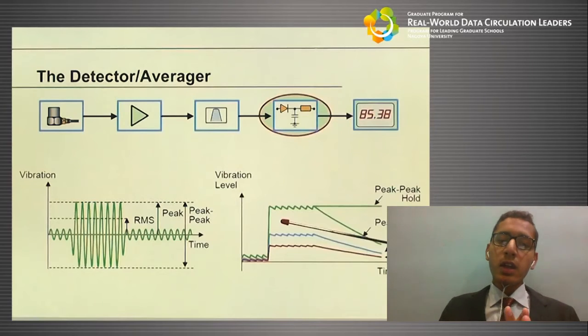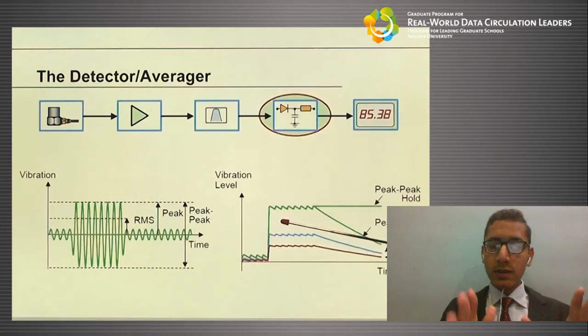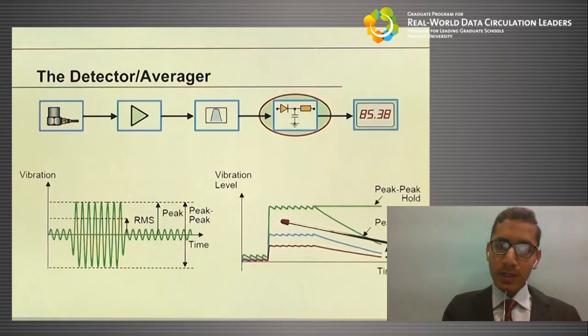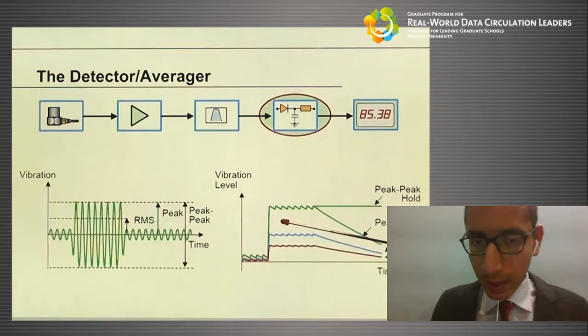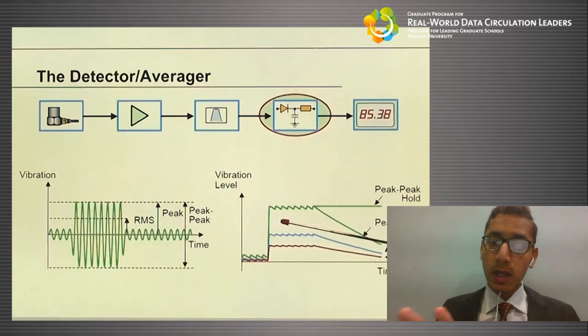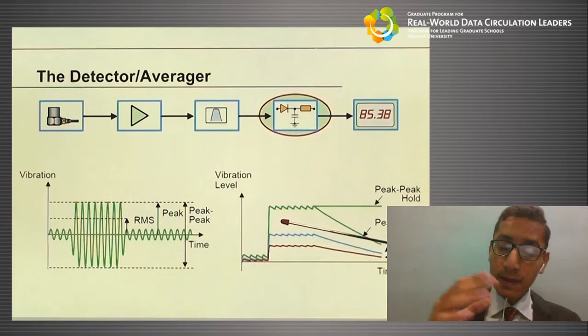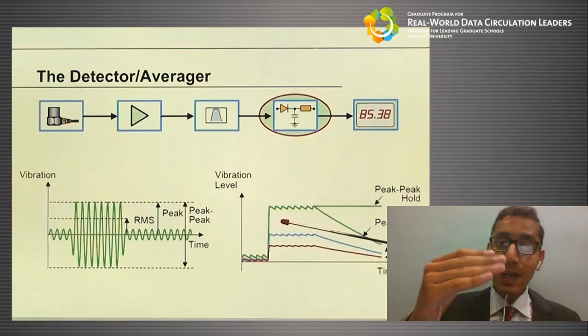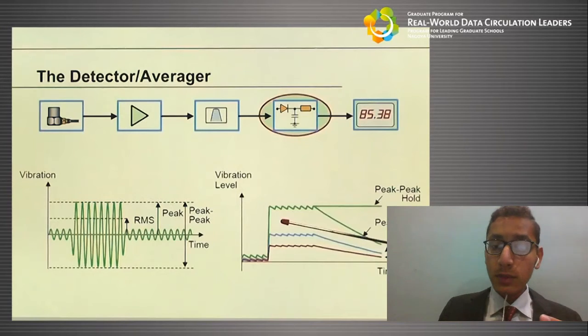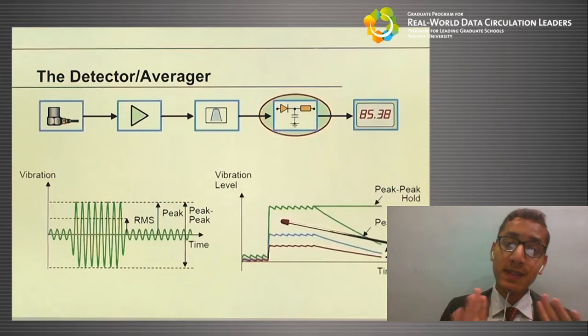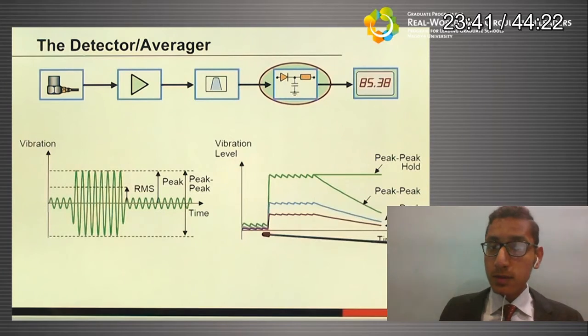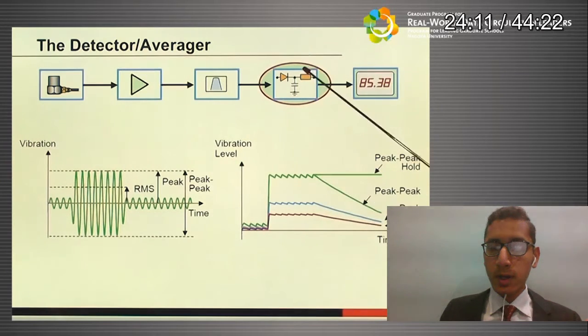So by using an averager, we convert this single vibration time curve into three different curves. Now there might be noise, there might be our required sound, and all of this has been converted into three different signals. Then we have peak-to-peak hold value, peak-to-peak, peak and RMS value as compared to the first one. So this averager is a very important component.